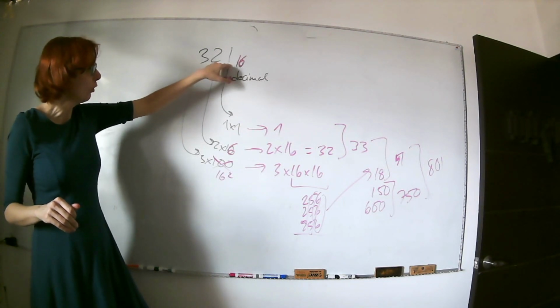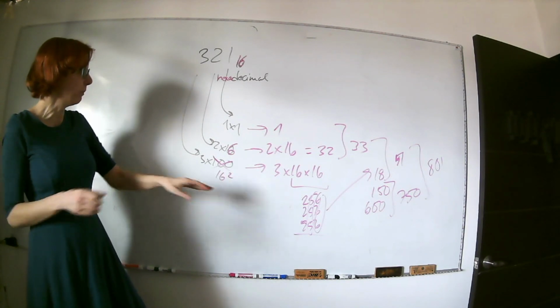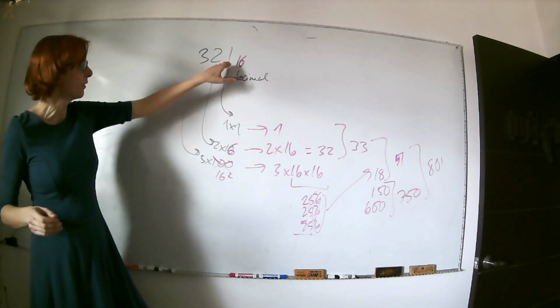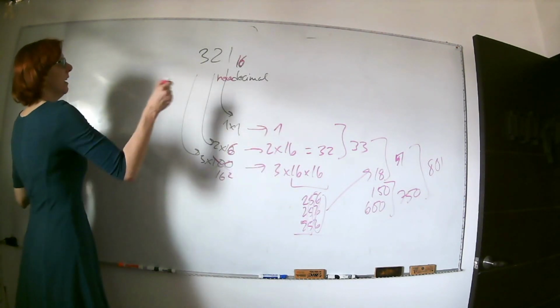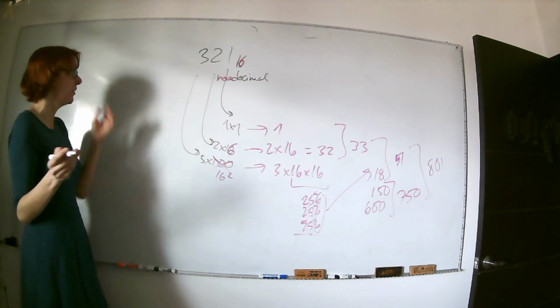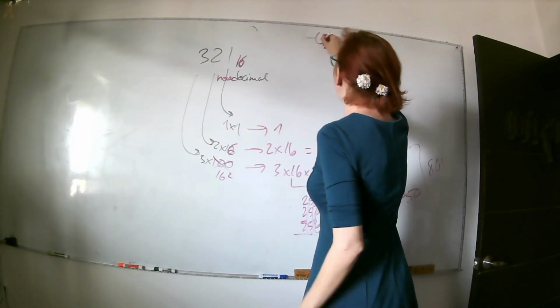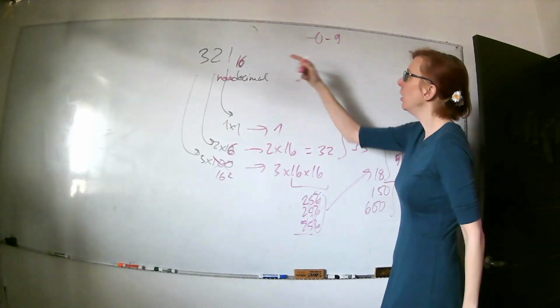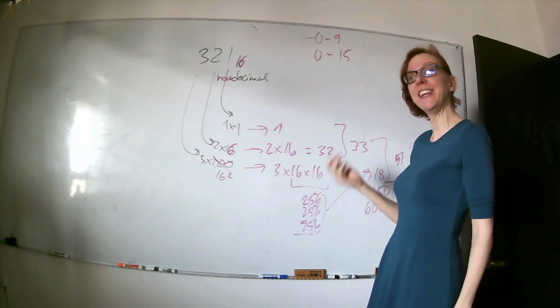These things are no longer multiples of 10 elevated to powers. They are now multiples of 16 elevated to powers. So what on earth are the A, B, and C? When you have base 10, your digits are from 0 to 9. When you're in base 16, your digits go from 0 to 15.